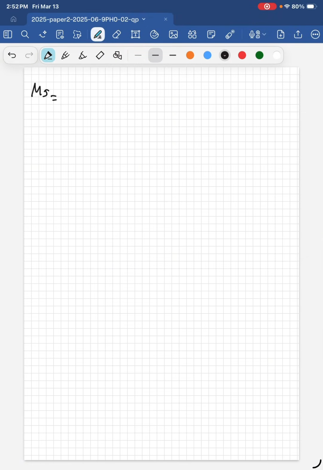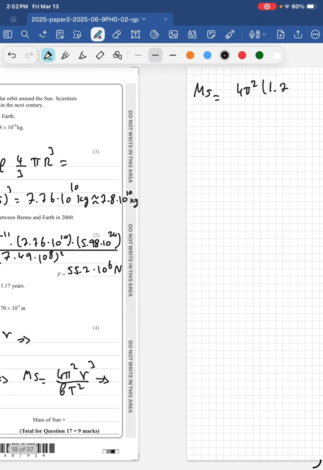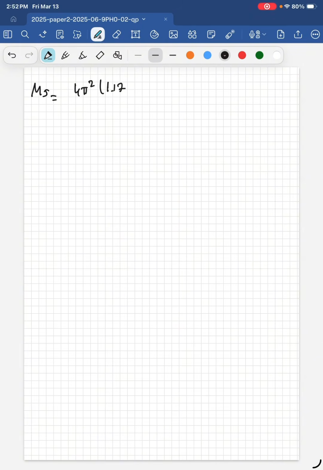So the mass of the sun is 4 pi squared times 1.17, right? 1.17 times 10 to the 11 cubed over 6.67 times 10 to the negative 11 times 1.17 times 3.